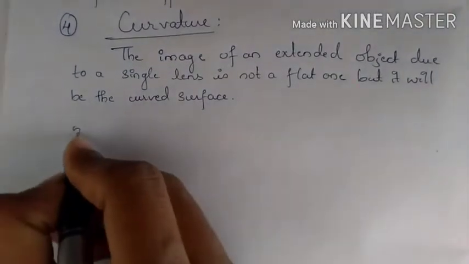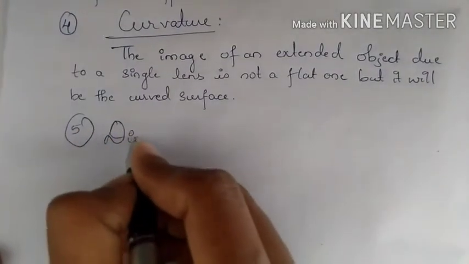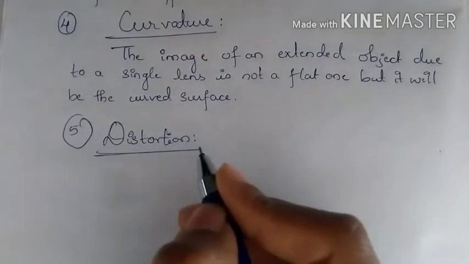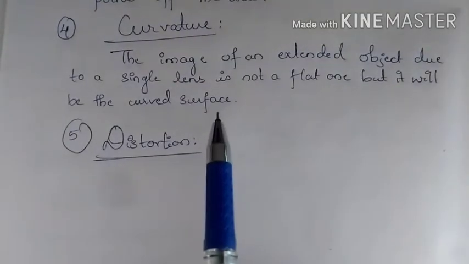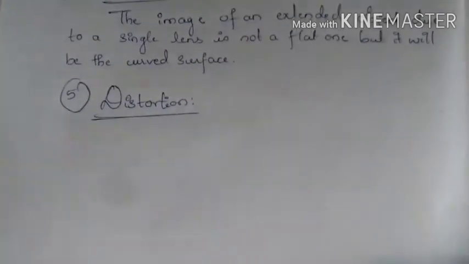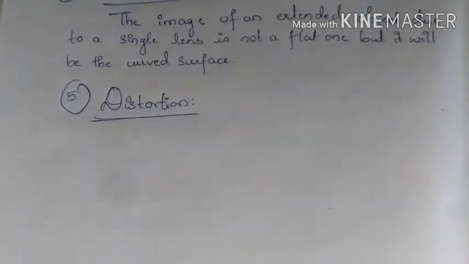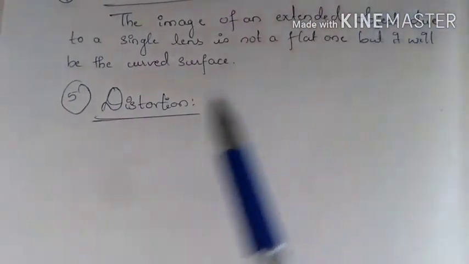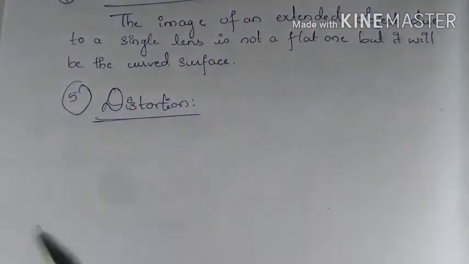So the fifth is distortion. Distortion is nothing but the lens will not form the point image for the point object. This is due to the presence of all the above aberrations that I have discussed. Due to the presence of spherical aberration, coma aberration and astigmatism aberration, there will be the distortion, or the lens fails to form the point image of a point object.